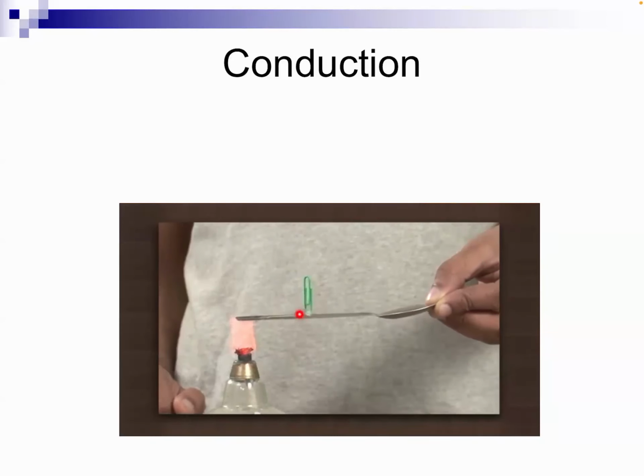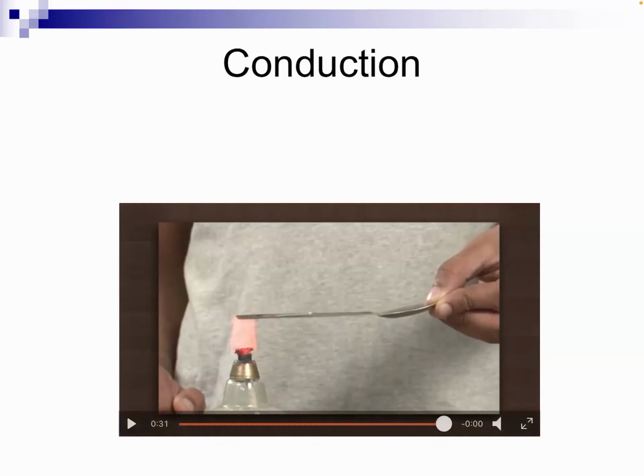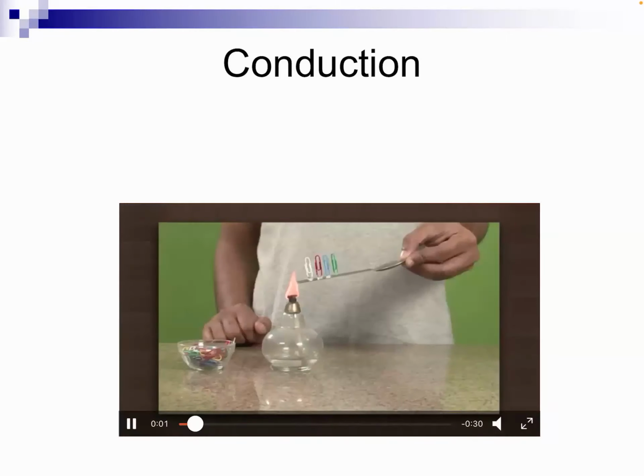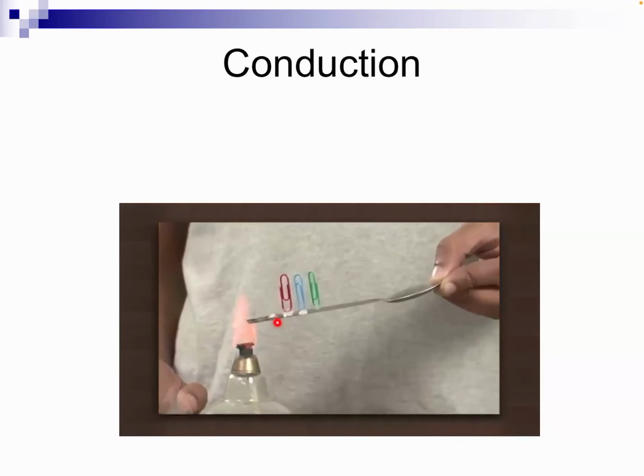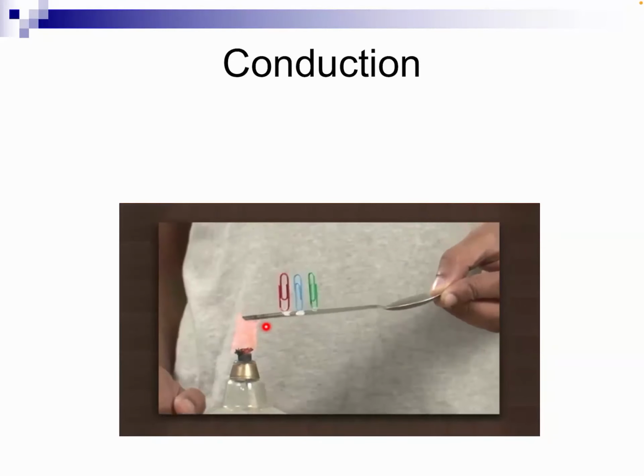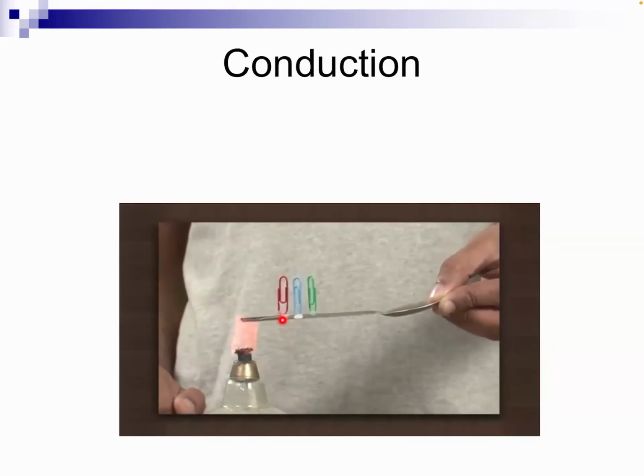The clips are, by the way, glued by wax. And so we can see there that the spoon heats up first closest to the flame, and as heat propagates from this end, the wax closest melts, causing the paper clip to fall, of course, and then the next paper clip falls as heat melts the wax.